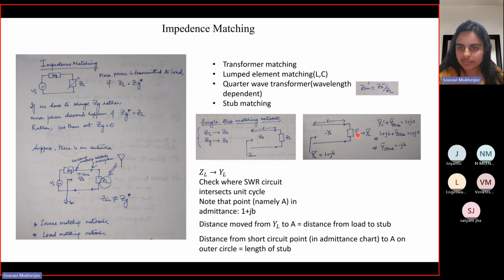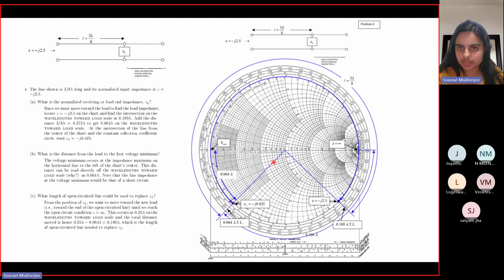If you have a Smith chart, and at some location this is your impedance, to write it in terms of admittance you have to move by 180 degrees, right? If you draw a 180 degree line, you would end up somewhere here. That would correspond to your admittance for this reactance.